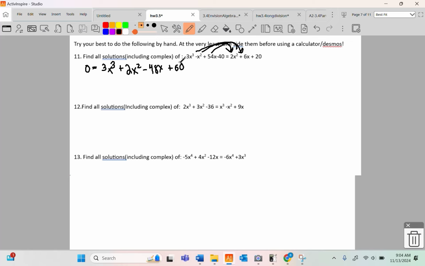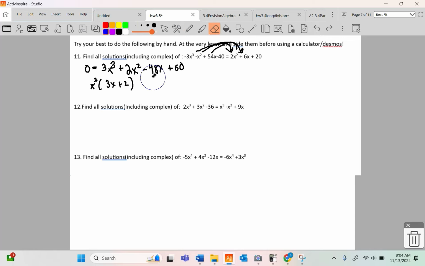I think I can work with this. I can pull an x squared, and I'll have 3x plus 2. Maybe I can't. Yep, hold on.